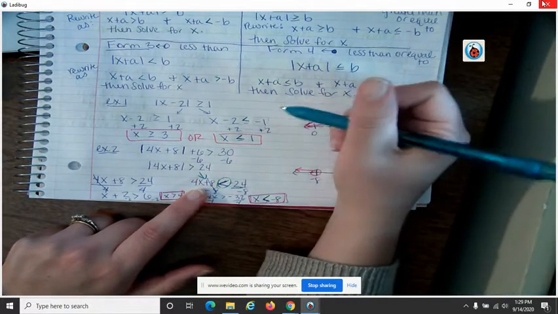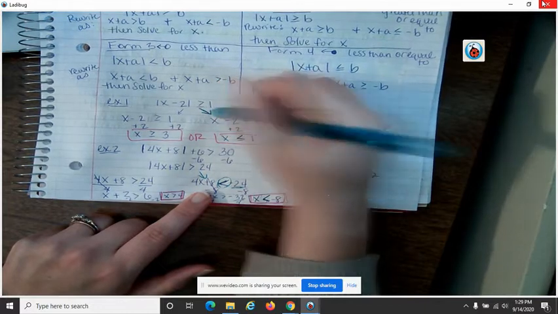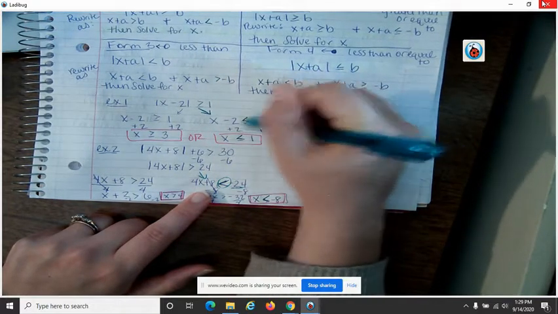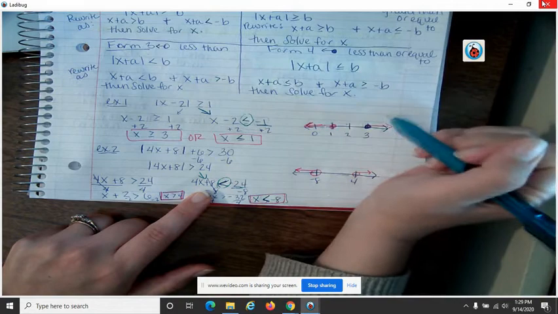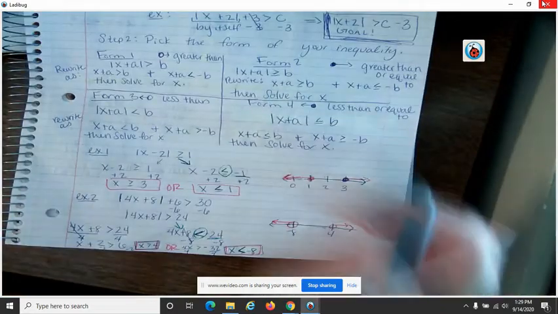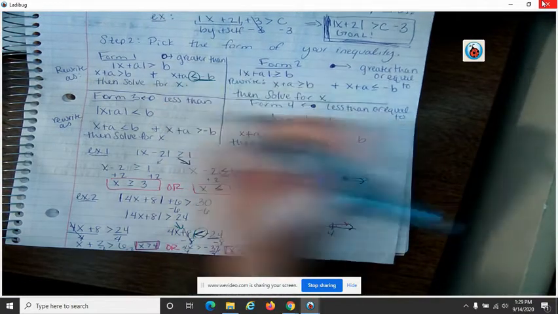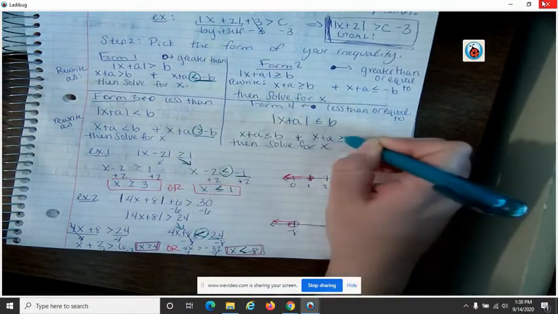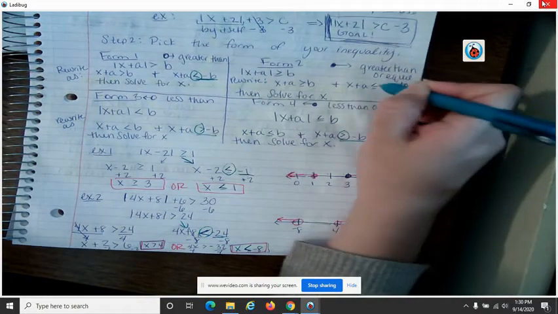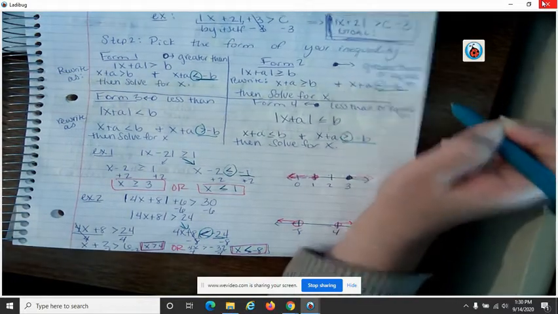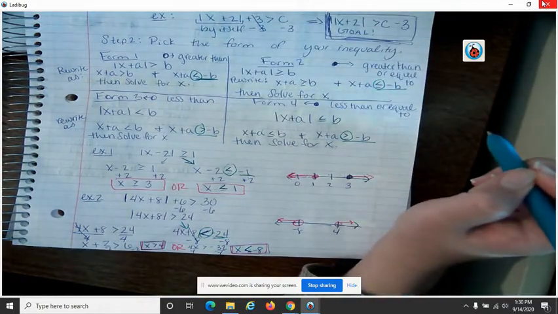And when we choose the negative option over here, this negative option, we flip this sign, okay? And that's how it is for all of these. When we choose the negative option, we flip the sign. So I'm gonna just like circle and underline this in our notes so you guys remember, okay?